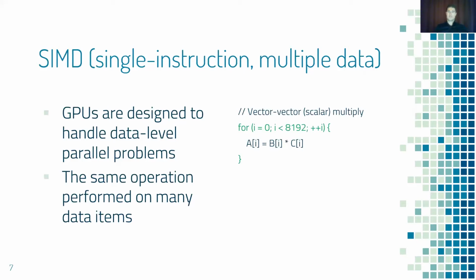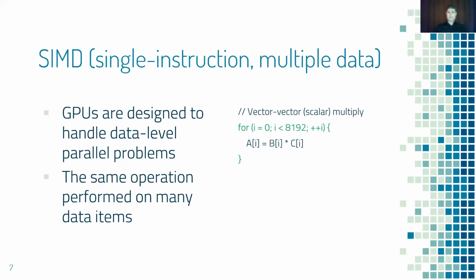Again, this is a trivially parallelizable loop. We can run all these iterations independently, and GPUs are designed to handle exactly such problems, so-called data-level parallel problems. A data-level parallel problem, or SIMD problem, is a problem where the same operation is performed on many data items. In this case, multiplication is performed on 8K elements.